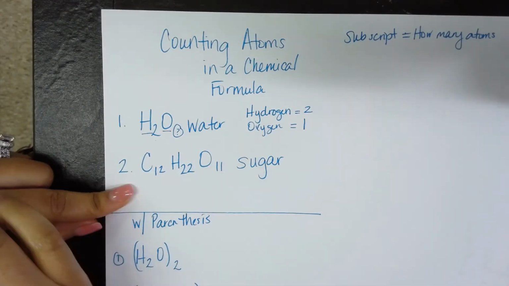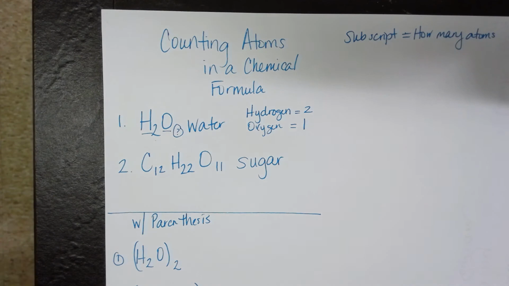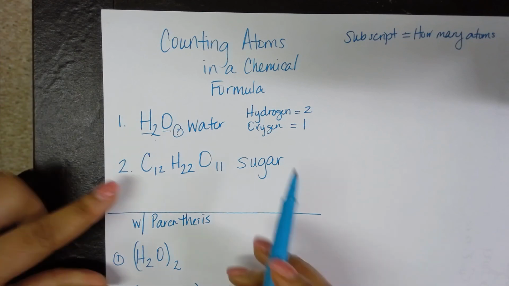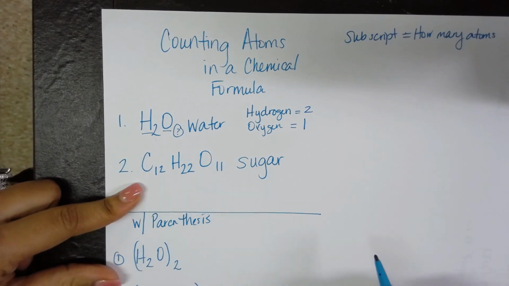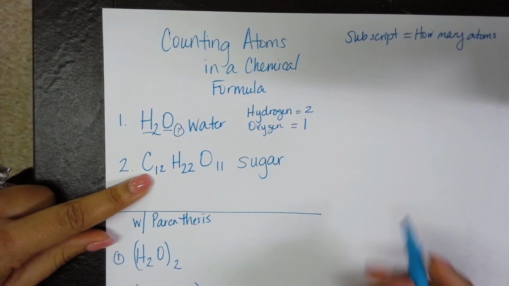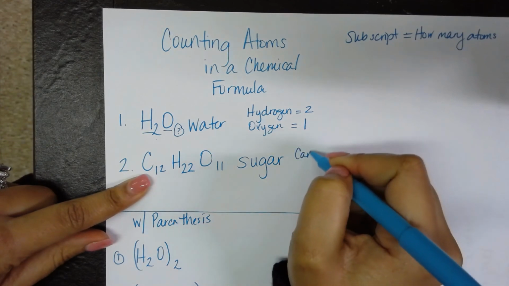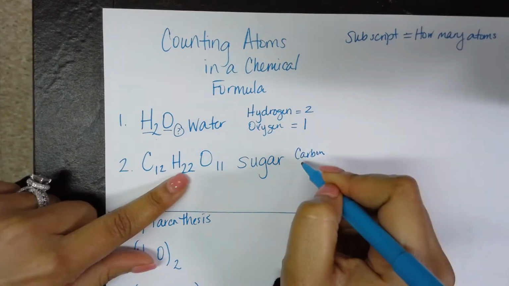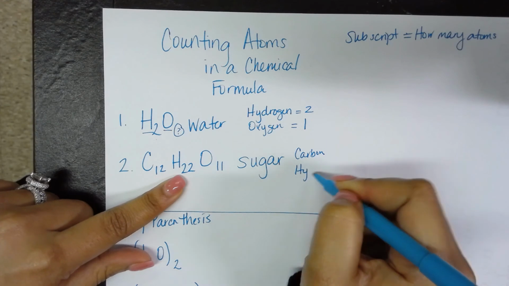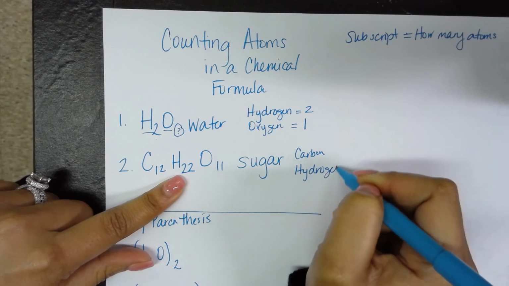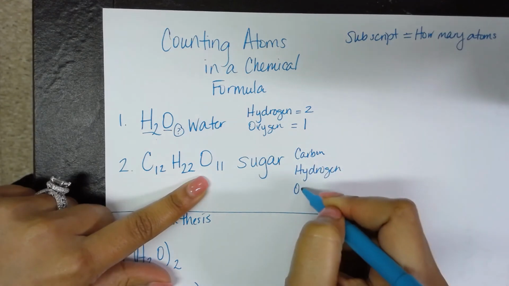So let's look at sugar. Sugar is something we all love. We eat it in cakes, cookies, and pies, and all of the sugary things that we love. So what is sugar made of? Sugar is made of C, which is carbon. It's also made of hydrogen and oxygen.